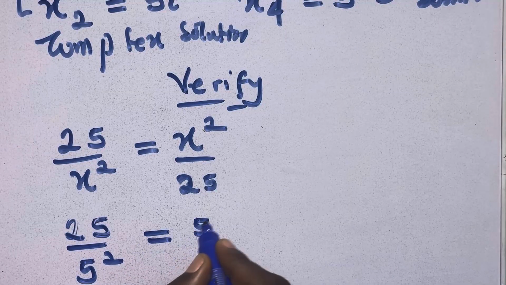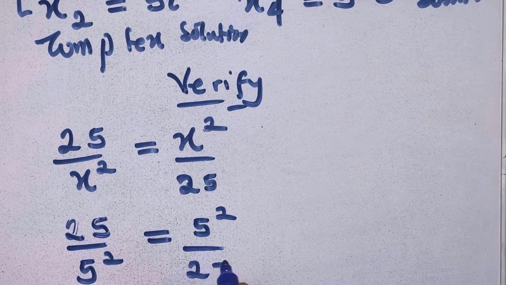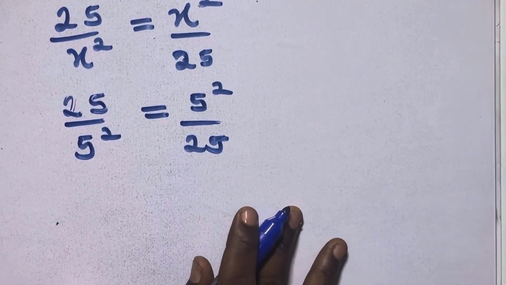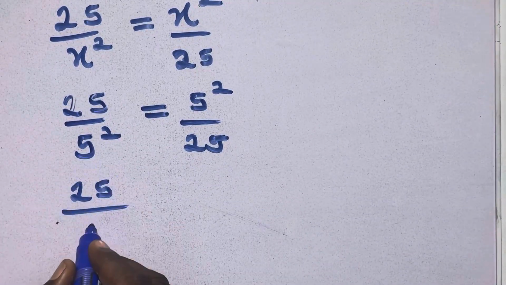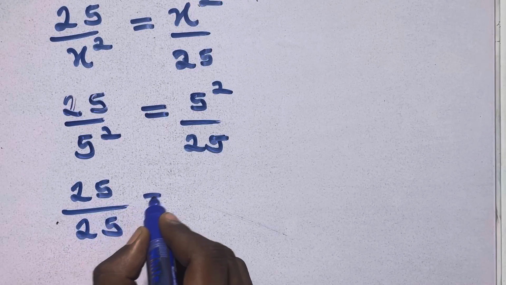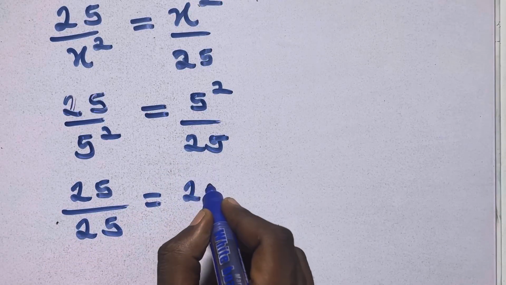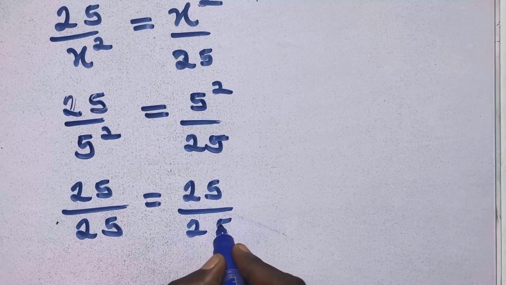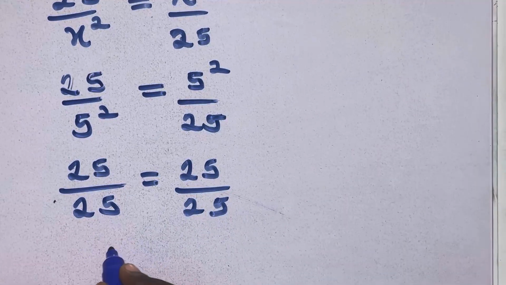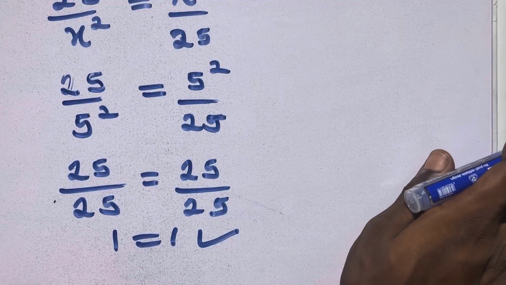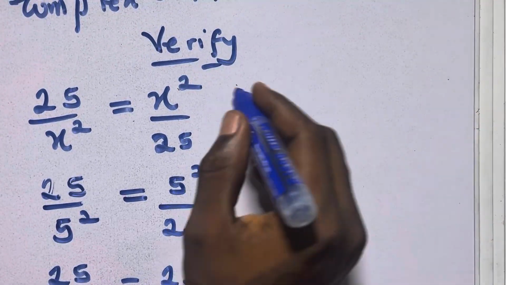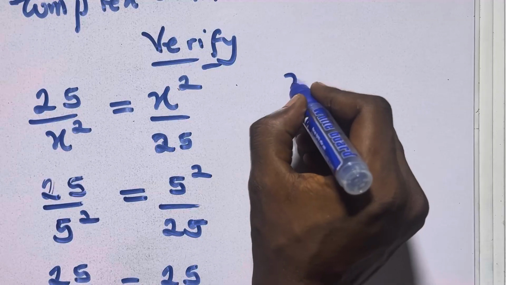So we have 25 divided by 5 squared equals 5 squared divided by 25. So when we do this, 25 divided by 5 squared will give us 25 divided by 25, which means that this 1 equals 1. So this is valid, right?